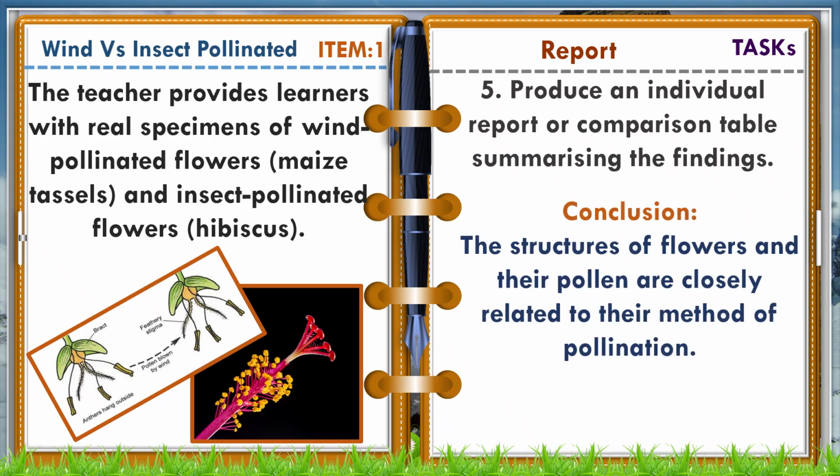Our conclusion. We concluded that the structures of flowers and their pollen are closely related to their method of pollination.